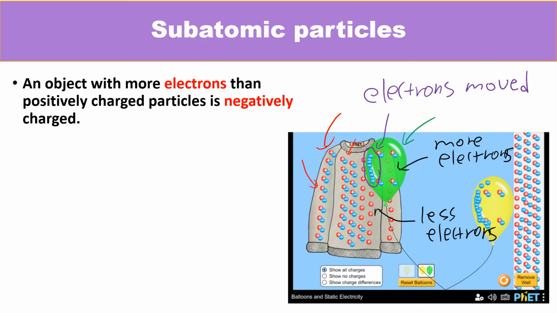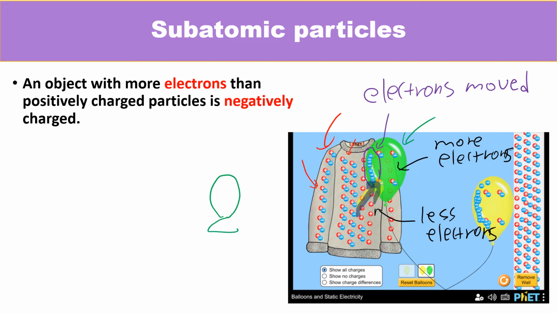So in this case, you may notice that electrons jump from the sweater to, oops, there we go. It moved from the sweater to the balloon, and the balloon is negatively charged now. So I'm going to draw that.